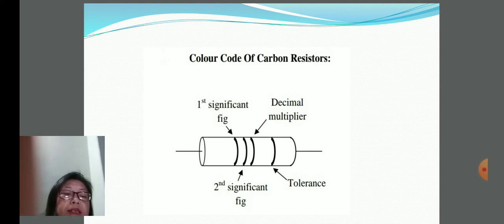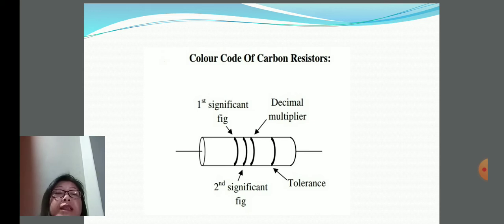Now let us see. Here the rings are of different colors. It may be of the same colors, but colors indicate the value of the resistance. If you know the colors shown by the carbon resistor, then you can definitely see that this carbon resistor has a resistance value of this, and a tolerance value of this, like that you can easily read.